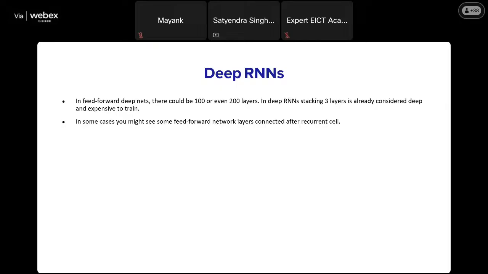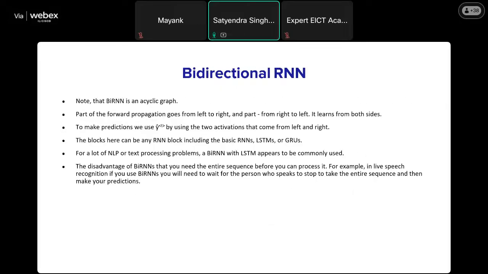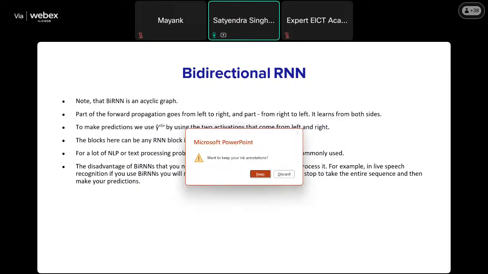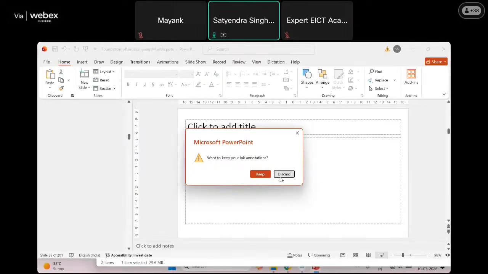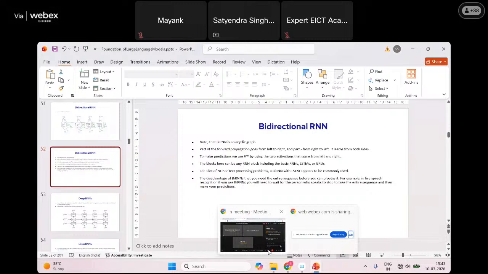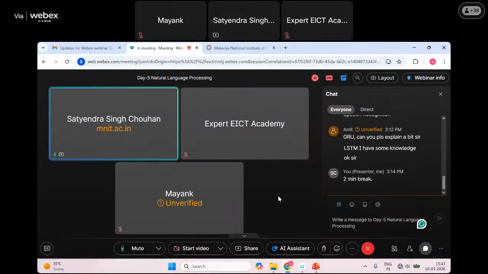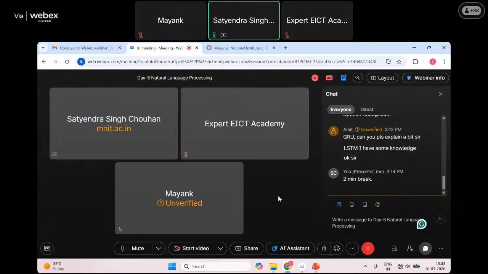So today we'll end it here, and I'll share the slides. You can read about it, and after some break you will see a hands-on implementation of LSTM, basically a recurrent neural network for a text classification task.